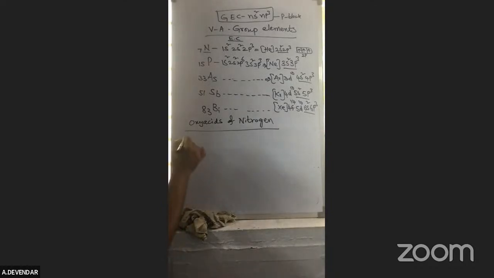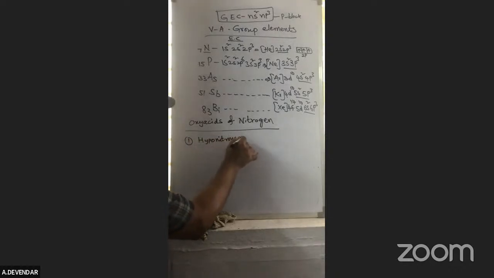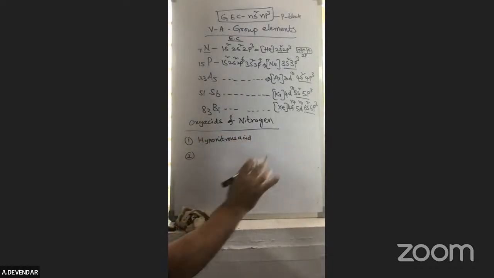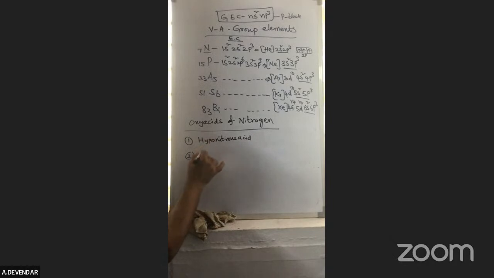The first oxyacid is called hyponitrous acid. Second, after hyponitrous acid, you write nitrous acid. For remembering purposes in the examination, first remember the hypo, then just remove the hypo and you get nitrous.